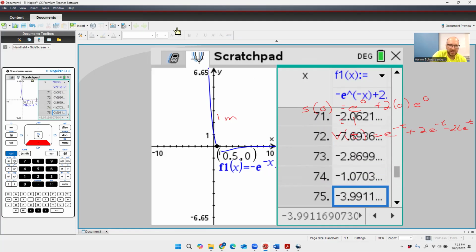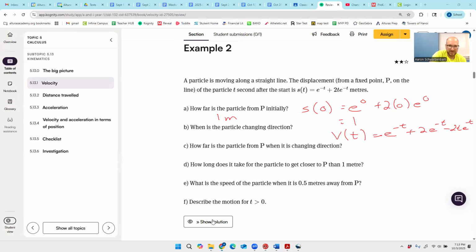So the only place, and again, I'm going to sketch this graph if I'm giving an answer. When is the particle changing direction? Half a second. That's 0.5.